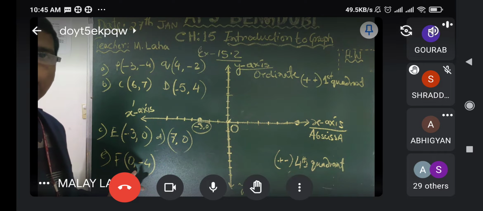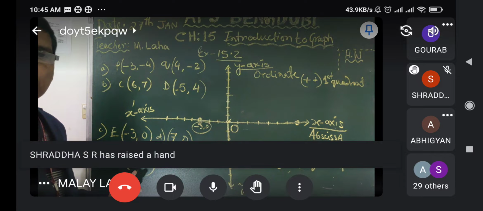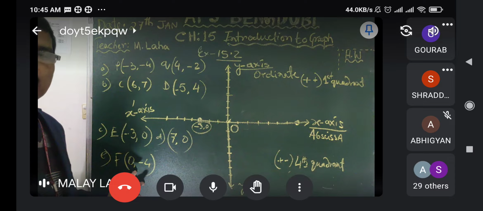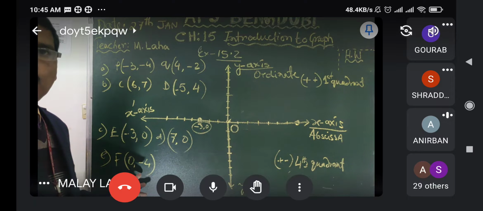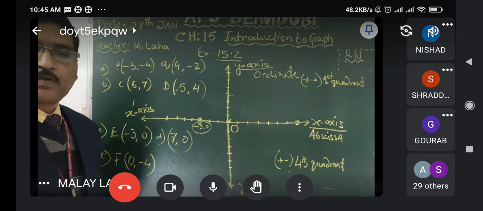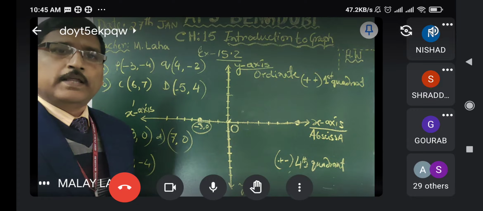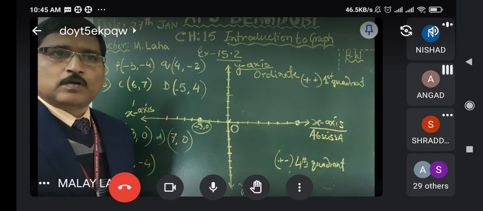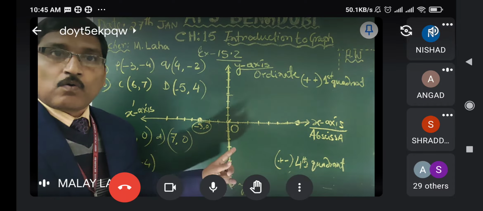Time is running out. Anyone tell me the answer. Sir, it will fall on the negative side of the y-axis. Yes, the negative part of the y-axis.